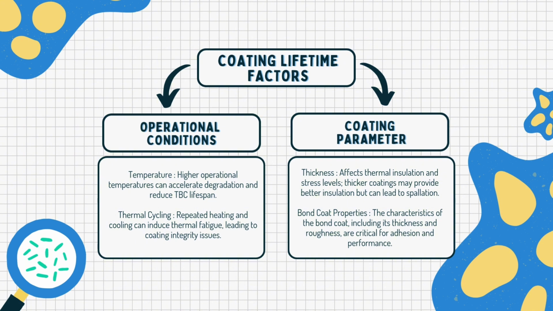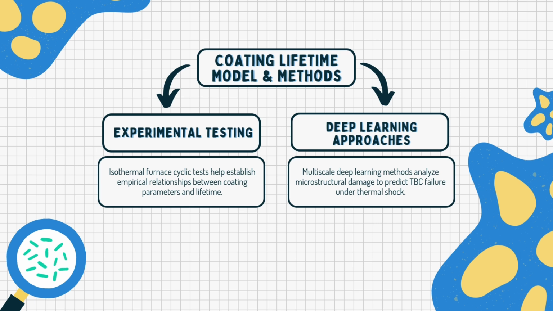Coating lifetime models and prediction methods for TBC. Experimental testing: isothermal furnace cyclic tests help establish an empirical relationship between coating parameters and lifetime, while deep learning approaches, a multi-scale deep learning method, analyze microstructural damage to predict TBC failure under thermal shock.